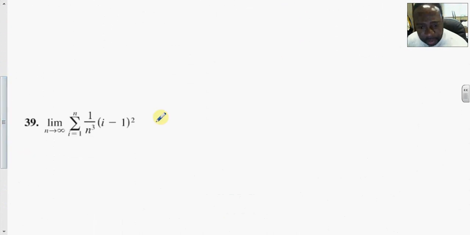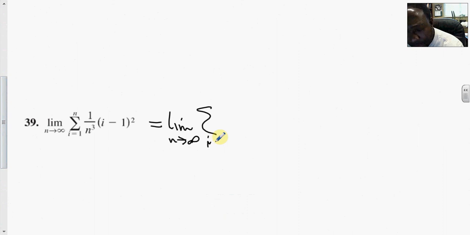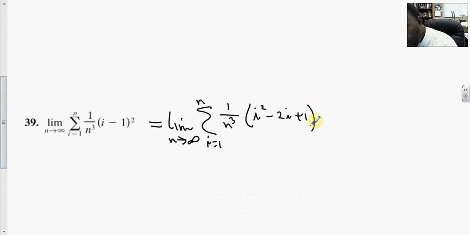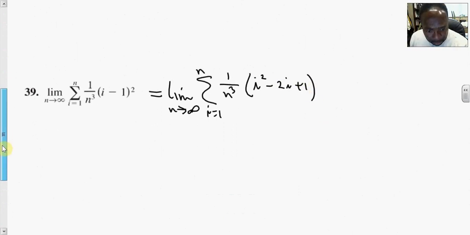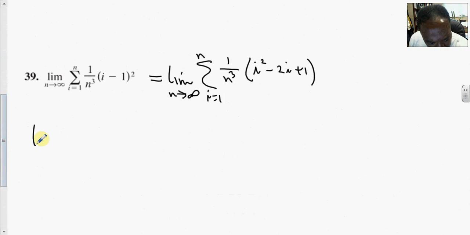All right, let's simplify this. The limit as n goes to infinity of the summation as i goes from 1 to n of 1 over n cubed times i squared minus 2i plus 1. Take the limit now. We're ready for that.